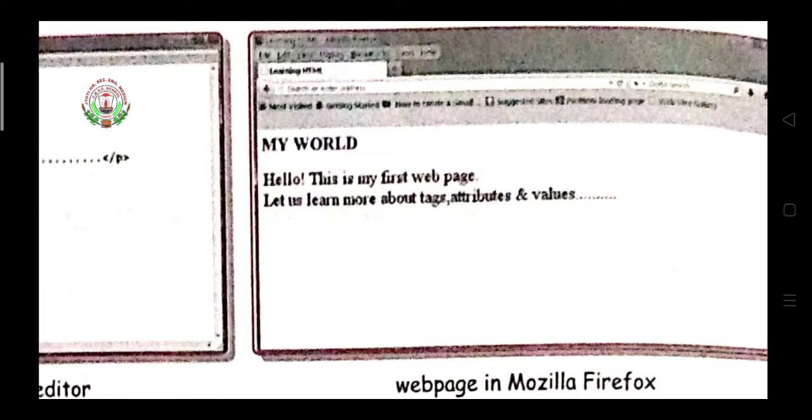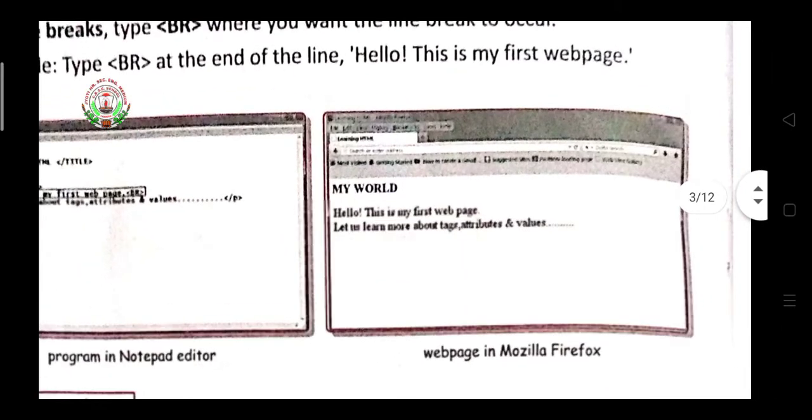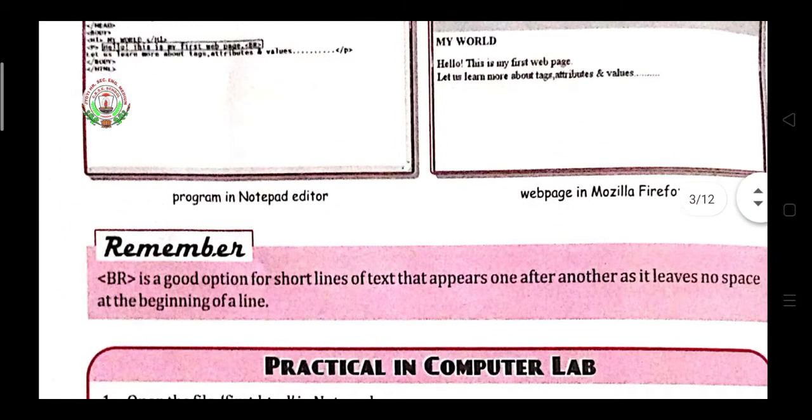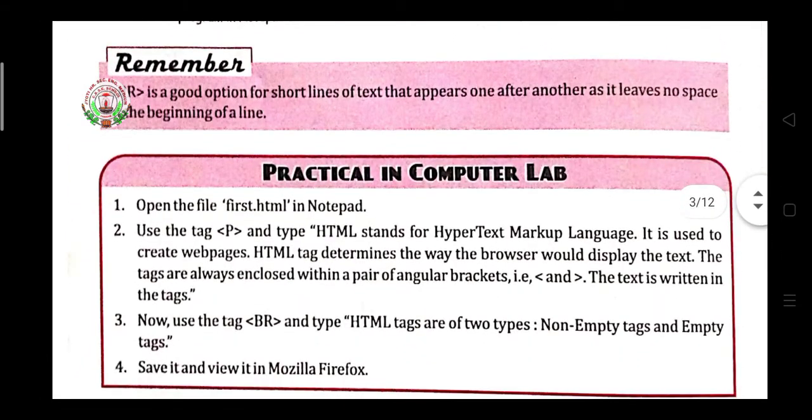Type this without the BR tag and see the output. Then come back to the Notepad page, write the BR tag after web page, see the output, and find out the difference between having the BR tag and not having it. So now come to the practice.